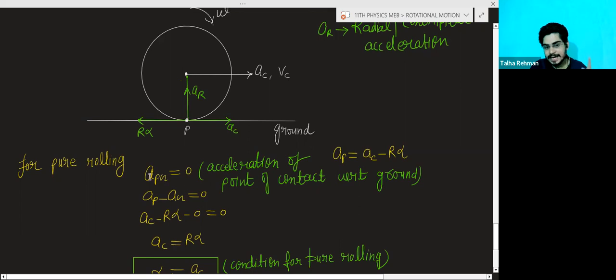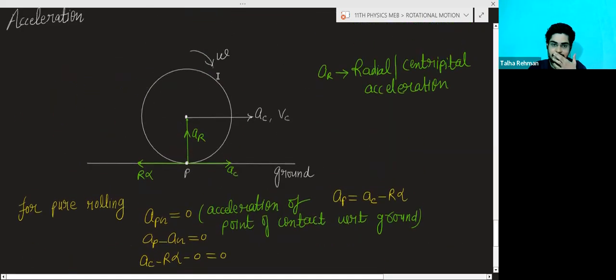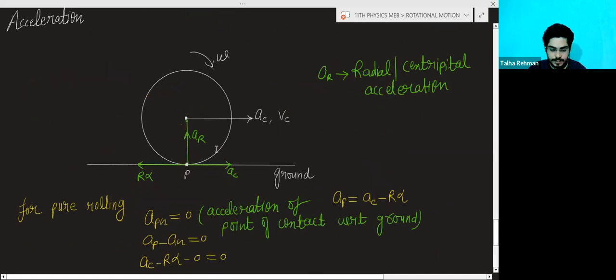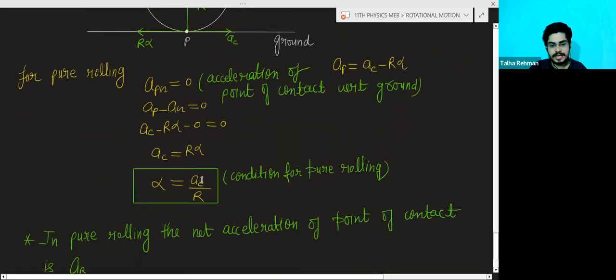This can be written as acceleration of point P minus acceleration of ground. Acceleration of ground is 0 because ground is at rest. Rest means no acceleration, no velocity changing. So this body will have some angular acceleration alpha. So the angular acceleration will be AC by R. AC is the acceleration of center of mass, R is the radius.